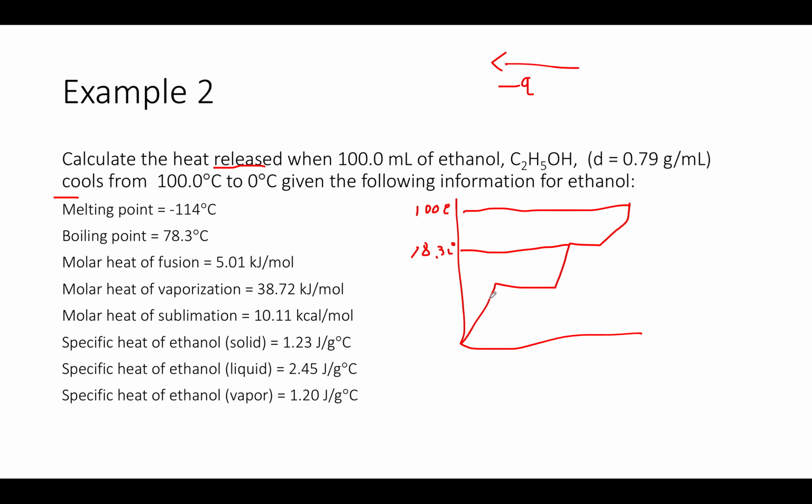The melting point of ethanol, negative 114 C. The question asks when it cools from 100 to 0 C. So 0 must be somewhere in between here.